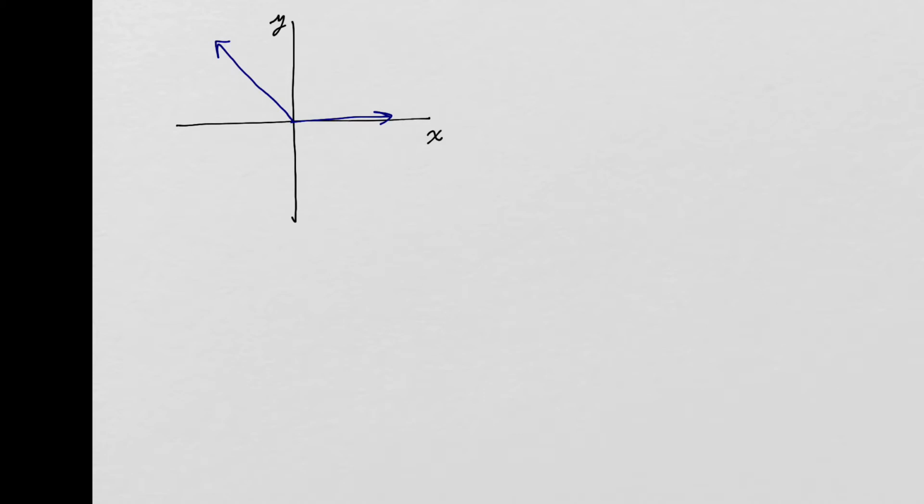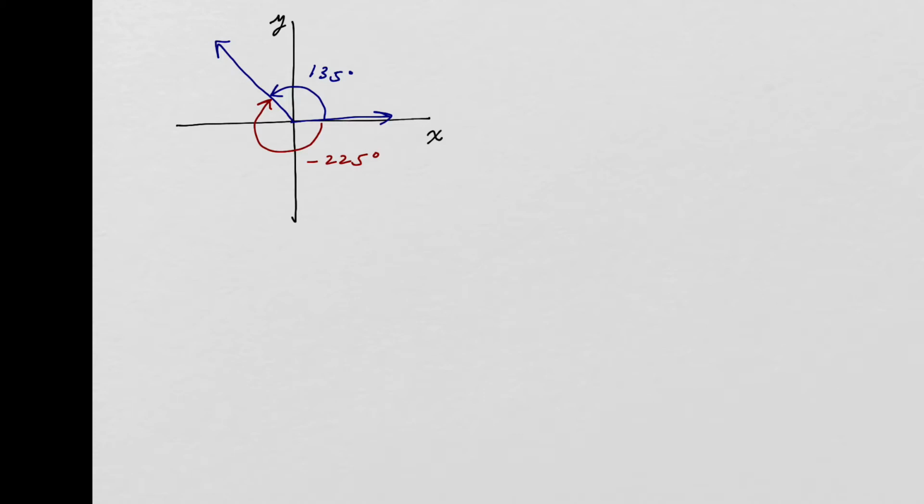If I measure counterclockwise, this would be a positive 135 degrees. If I measured clockwise from here to here, this would be a negative 225 degrees. And they represent the same angle. It's just that in one case you decide to measure it counterclockwise, which is positive. In the other case we decided to measure it clockwise, which would have a negative angle.